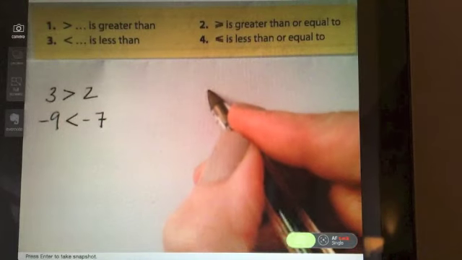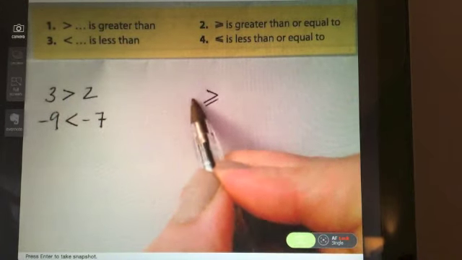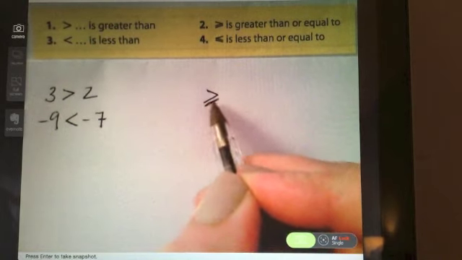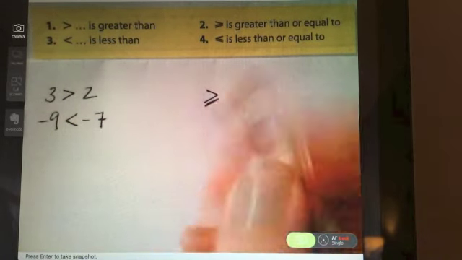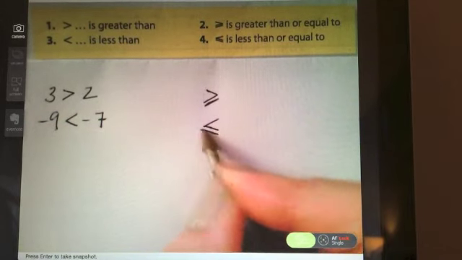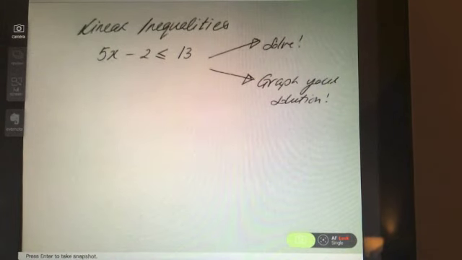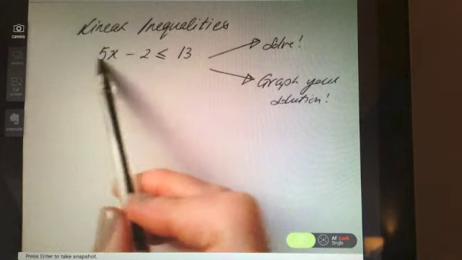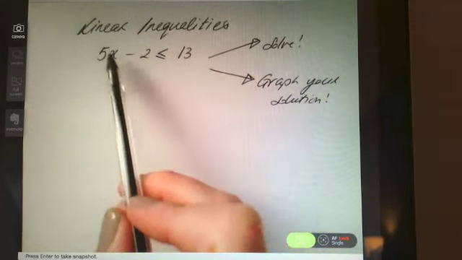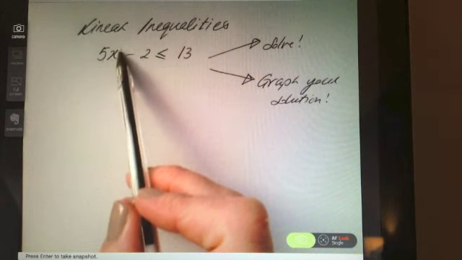Greater than or equal to, then same idea. You'll put your bigger side here, but this extra line means it could be greater than or equal to, and then of course the same on the other side, less than or equal to. Okay, so let's have a look at this in action. So back to our example here. This is a linear inequality because you have an x with only a power of 1, okay?